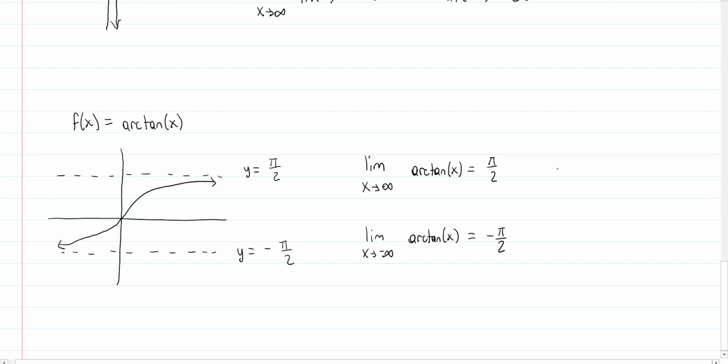And from these two limits, you can sort of imagine saying that arctangent of infinity would equal pi over 2 then. And that similarly, arctangent of negative infinity can be considered as minus pi over 2.